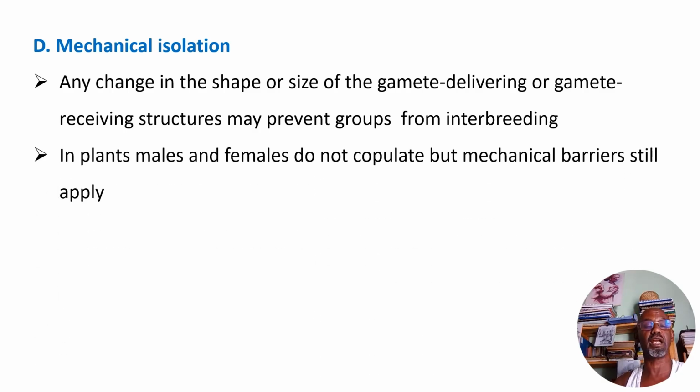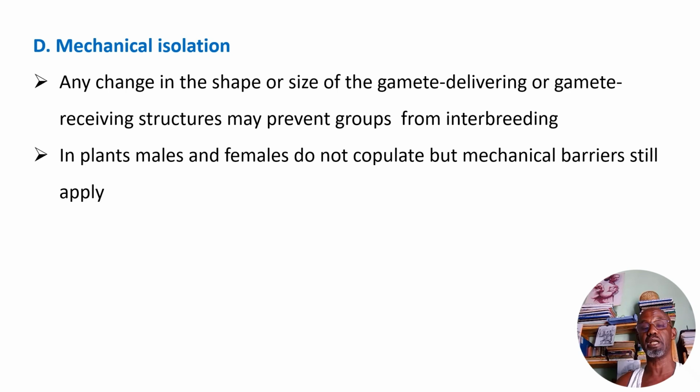This is mechanical isolation. In plants, males and females do not copulate, but mechanical barriers still apply. Mechanical barriers in females: the size of the pollen, the chemistry of the pollen may mechanically be prevented from forming pollen tube after it has landed on the stigma.